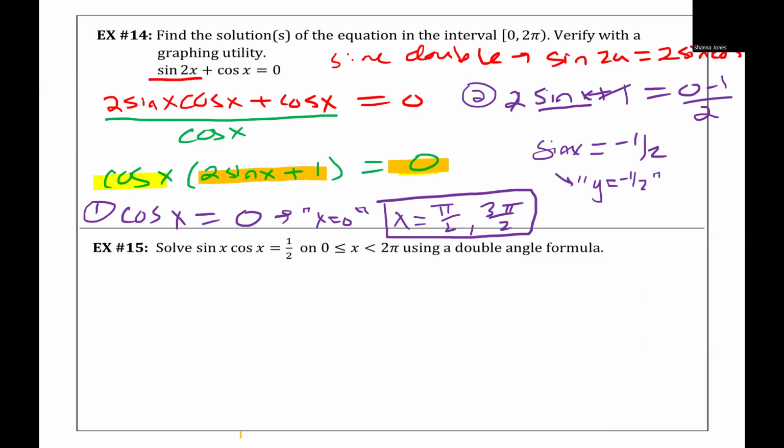So this is 1 6, 2 6, 3 6, 4 6, 5 6, 6 6, 7 6. So it's 7 pi over 6, 8 6, 9 6, 10 6, 11 6. Do we see that? So it'll be at 11 pi over 6 and at 7 pi over 6.